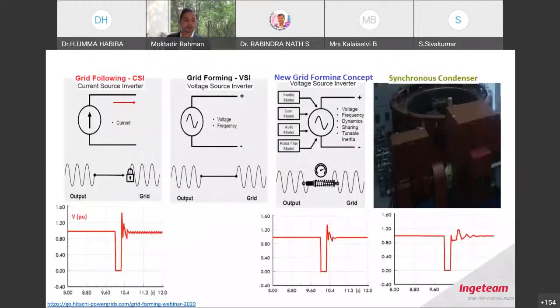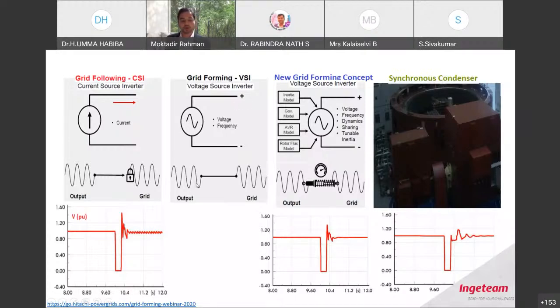So, for example, here, what is happening with the grid-following converter currently in the market. It actually has to lock to the grid. So if the grid is moving a lot, the PLL cannot track the grid. And if the PLL cannot track the grid, you can see after the fault recovery, it's going to oscillate. And the traditional grid forming is the voltage source converter.